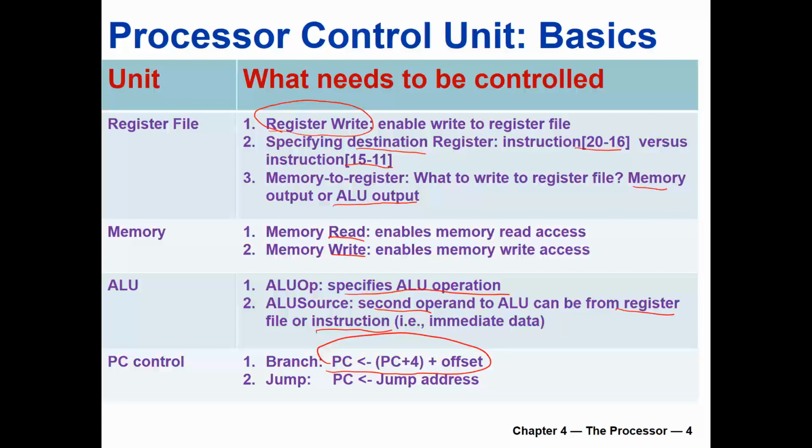PC is normally updated as PC plus 4, but the branch instruction updates it as PC plus 4 plus offset. How do we resolve this? The jump instruction is totally different. These are some of the questions that come up when we design a processor, and we need to come up with a solution to address these questions.